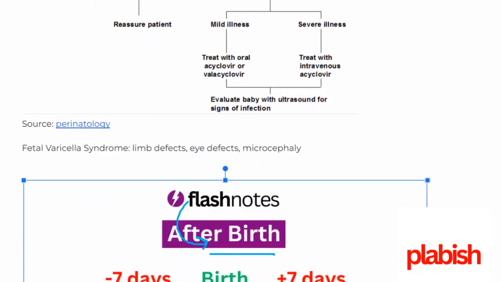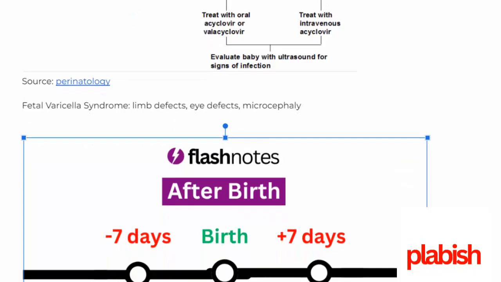Fetal varicella syndrome, you can be tested about it in your PLAB1 as well. Fetal varicella syndrome has limb defects, eye defects, and microcephaly. It's not very high yield, but I'm telling you about it so you know what happens when a newborn has varicella.